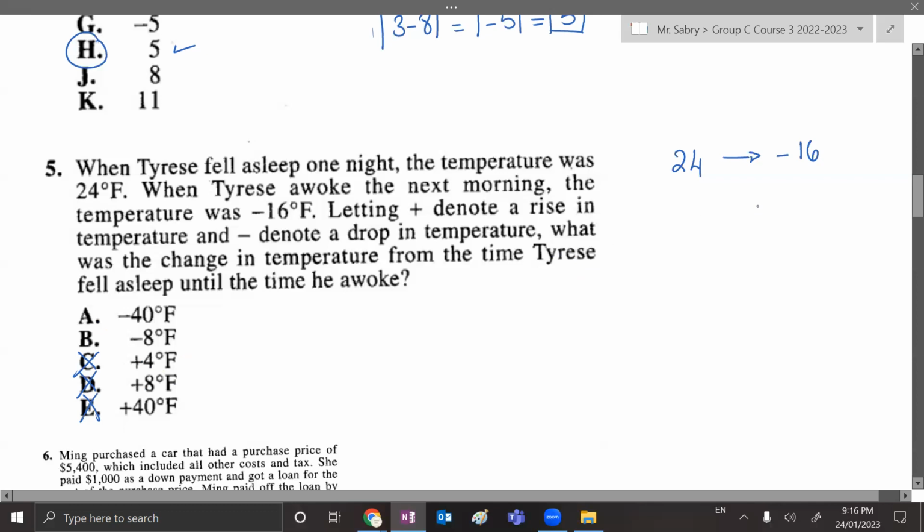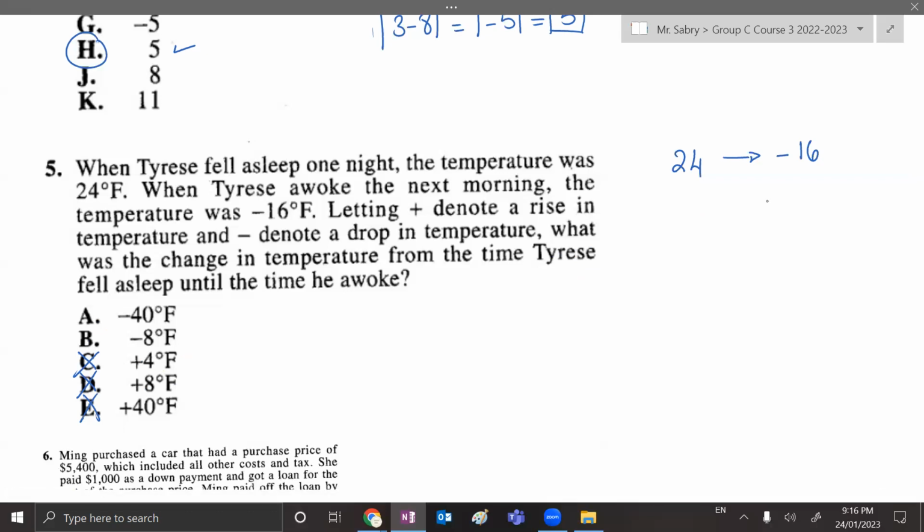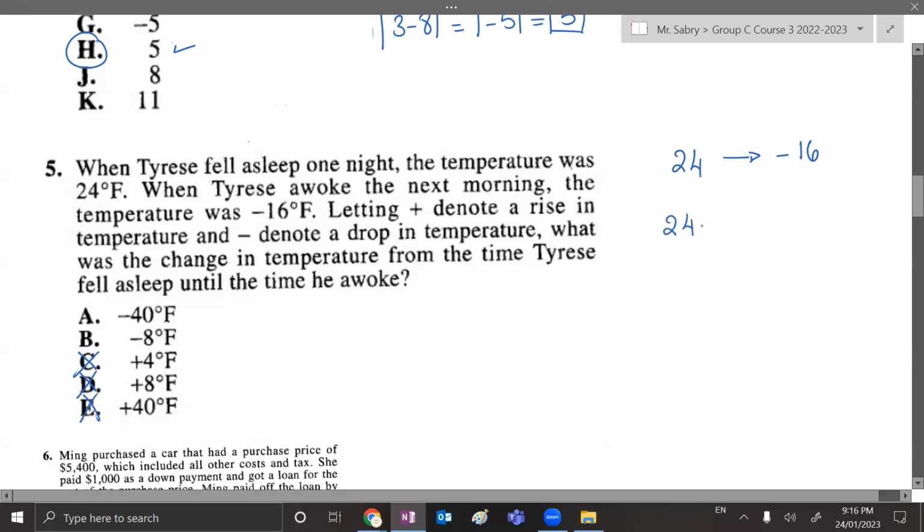Whenever we need to get the difference between one number and the other one, it literally represents subtraction. So you just need to put 24 minus the negative 16 in a bracket, which is a total of 40. So there's a 40 degrees Fahrenheit drop from once they started to once he woke up. So that's why A is the correct answer.